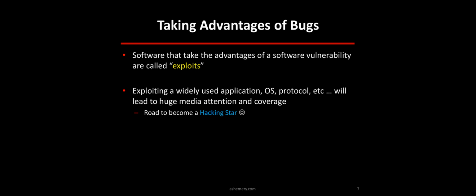For example, think of it like this: how many users use Google Chrome? Millions of users. So if you find a security weakness there and you manage to exploit that, then that will lead to a lot of media coverage and attention, and even the pay, if you submit that, and you should submit that to get paid for it, will definitely be high.